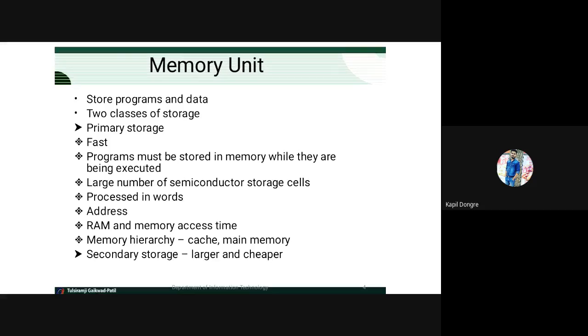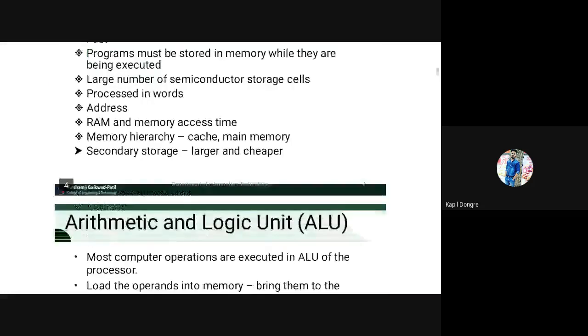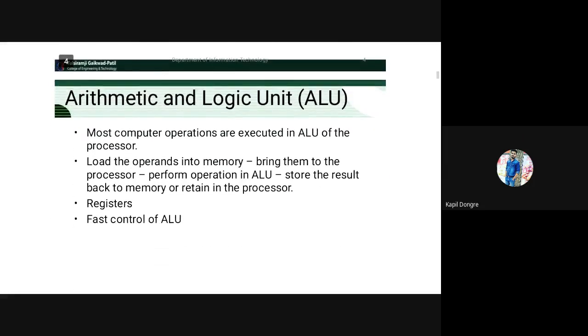It consists of a large number of semiconductor storage cells. Related topics are processing in words, RAM, memory access time, memory hierarchy, and cache memory. These are the different types of units we require.